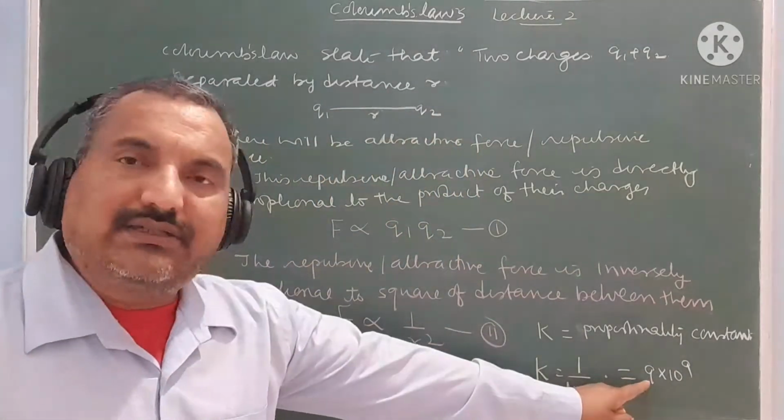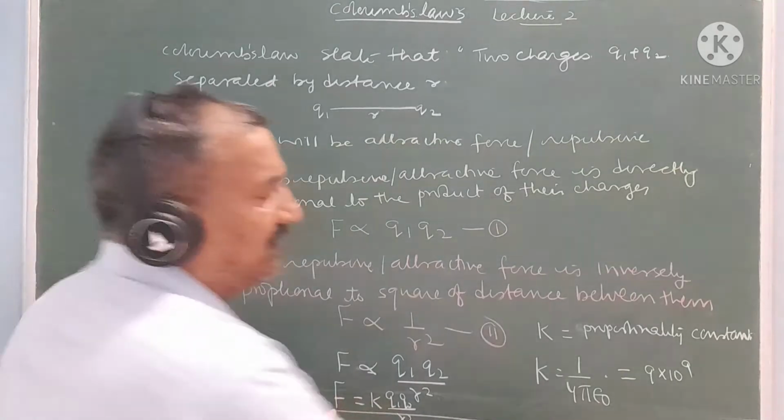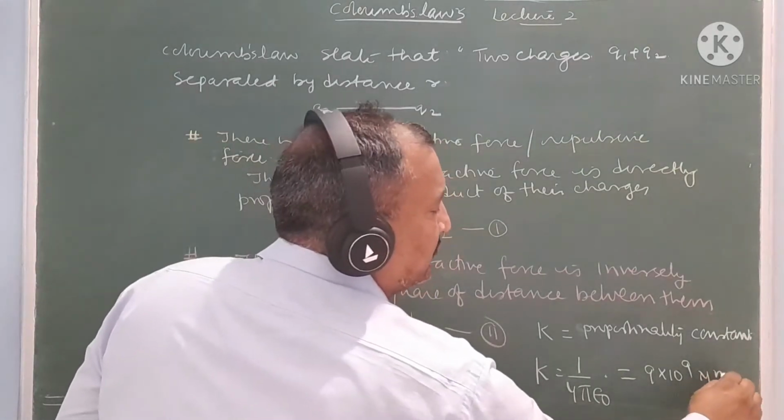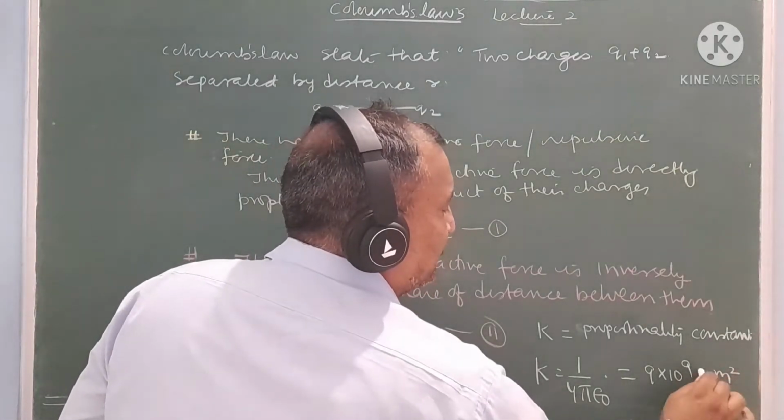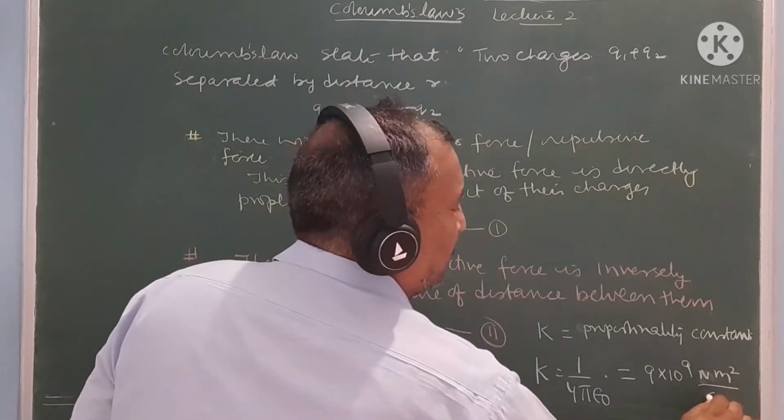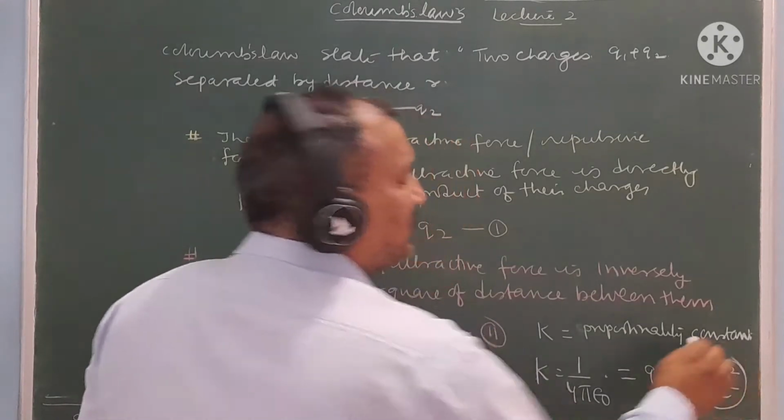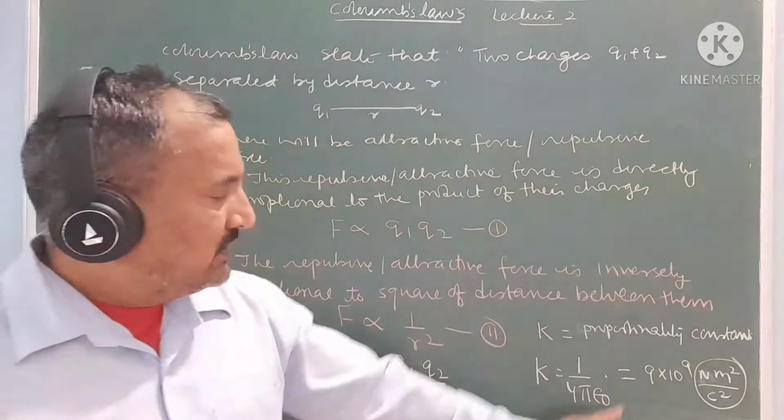What is the unit? Unit you can find is Newton meter square Coulomb square. This is the unit of K.